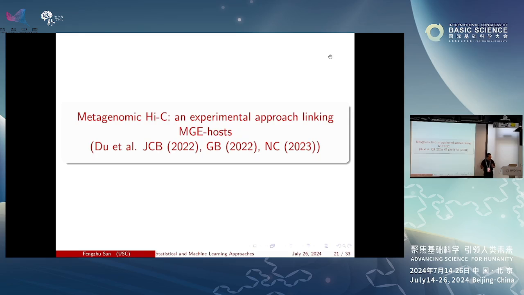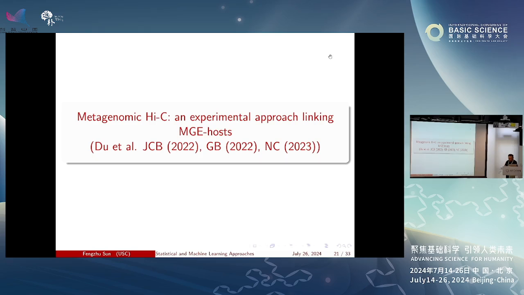Okay? So how do we study if there are real interactions happening in this particular sample? In this case, we have to use one sample to see if there are interactions. So this is not just a computational problem.